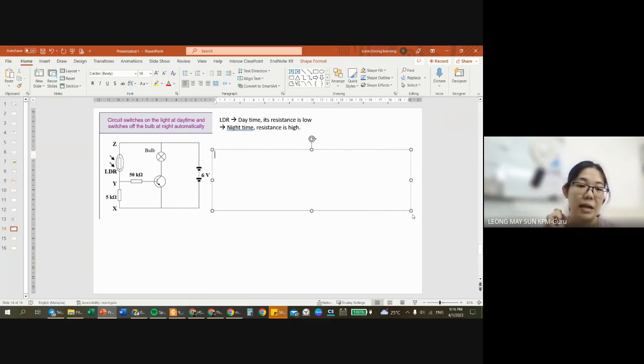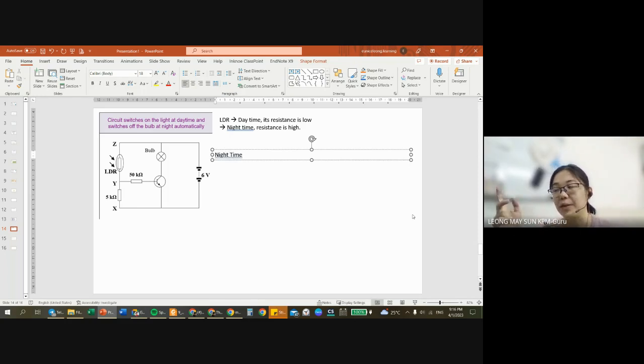Now here at night time, because our main purpose of the switch is actually for the light bulb to be on at night, let's see in this circuit, does the light bulb switch on at night or not? At night time, the LDR's resistance is high.